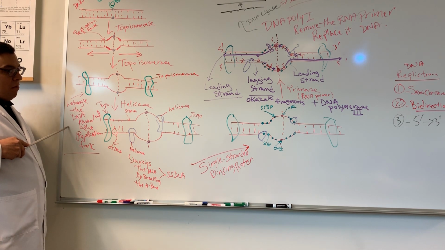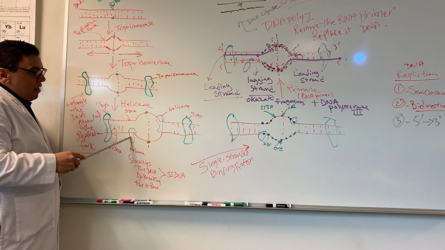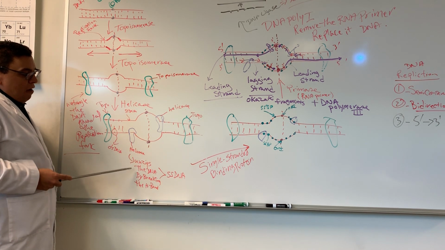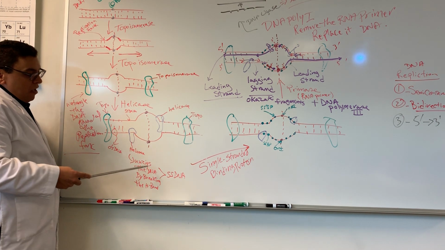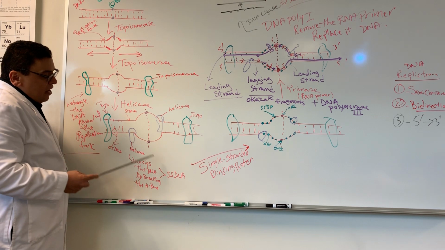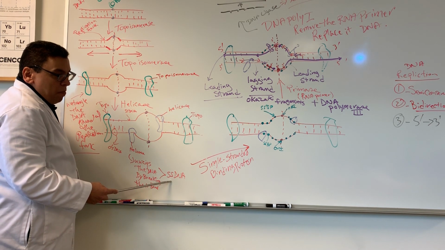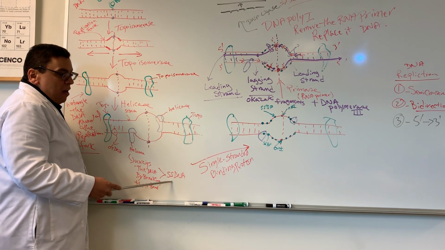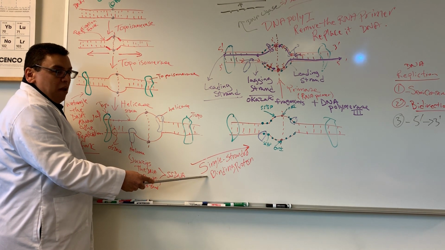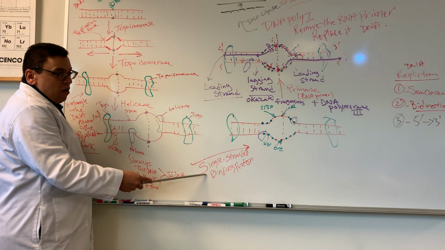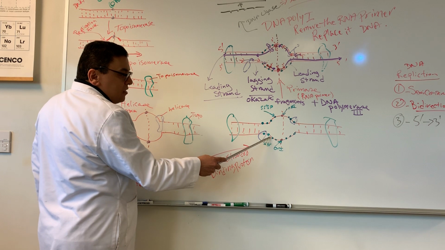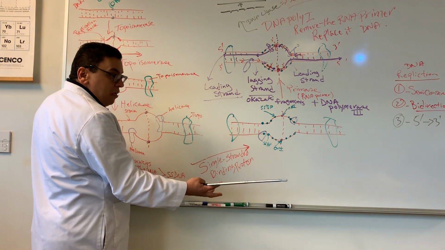Helicase will come in and unzip the DNA by breaking down the hydrogen bonds, making the double-stranded DNA become single-stranded DNA. To keep it single-stranded, the single-stranded binding proteins will come and bind to the single-stranded DNA.